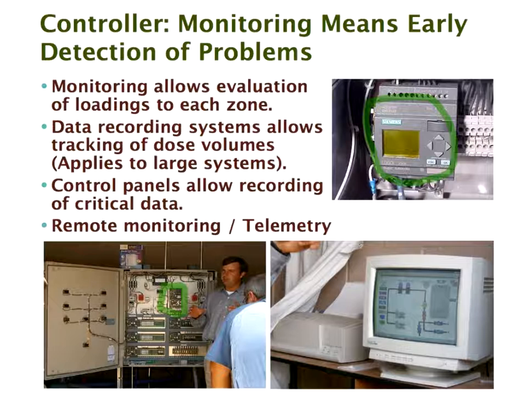And now again, depending on the complication of the board, you can do quite a lot with a board, but a PLC is, as I said, far more flexible and generally can store much more data. Okay, monitoring allows evaluations.